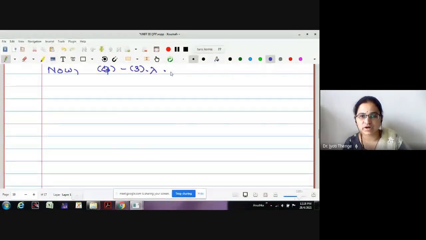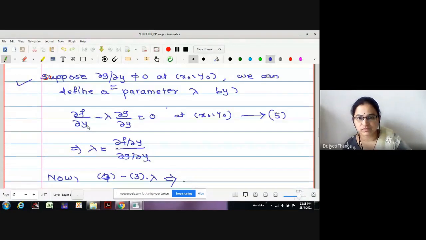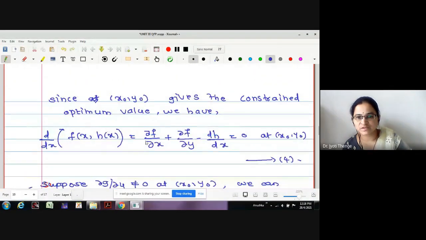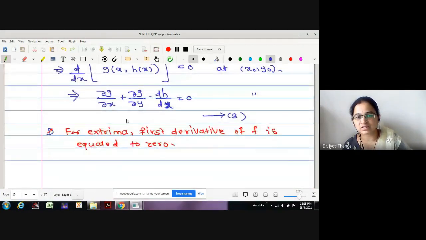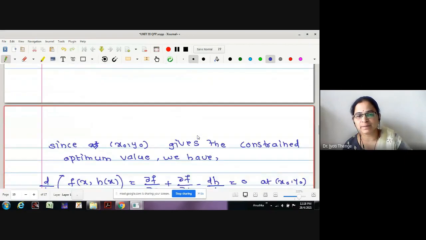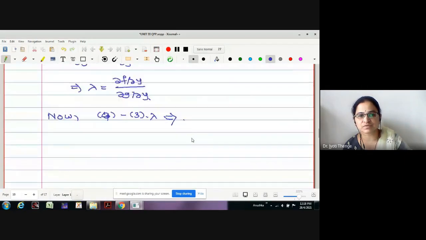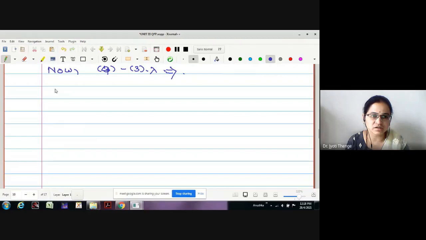What is it going to give us? Look at this 4. 4 is dou f by dou x plus dou f by dou y into dh by dx. 3 is this. Now I multiply 3 by lambda and subtract from 4. Therefore, the first term we get is dou f by dou x minus lambda times dou g by dou x.